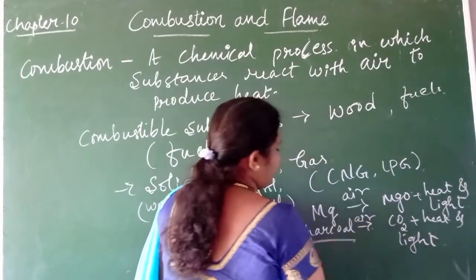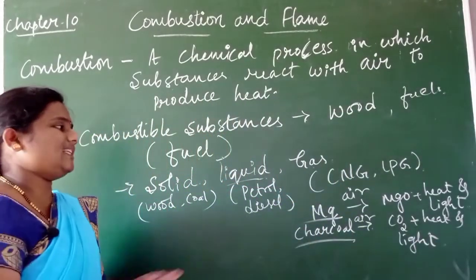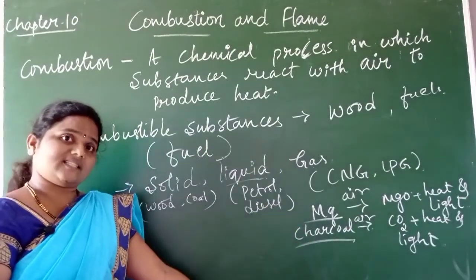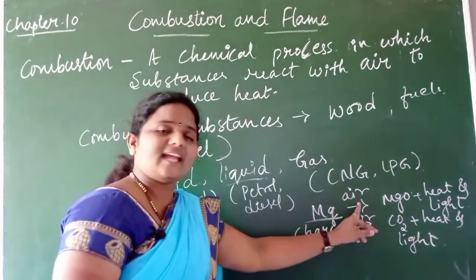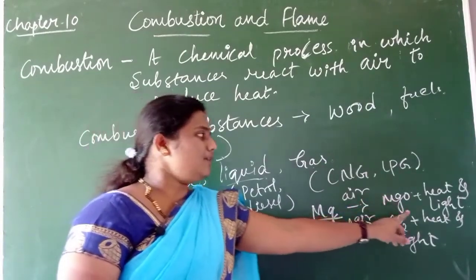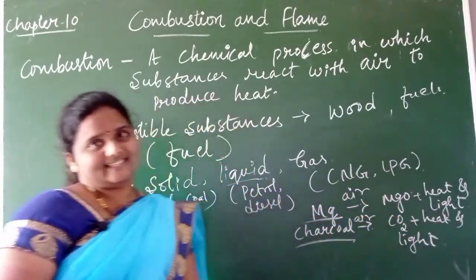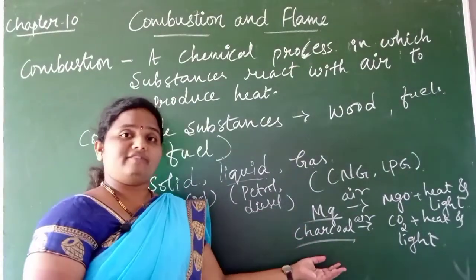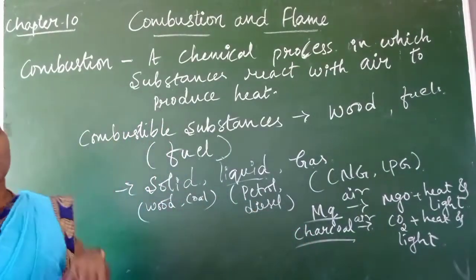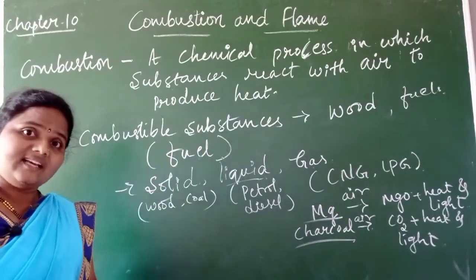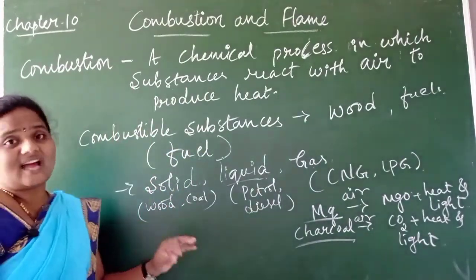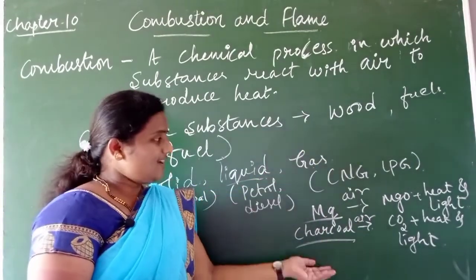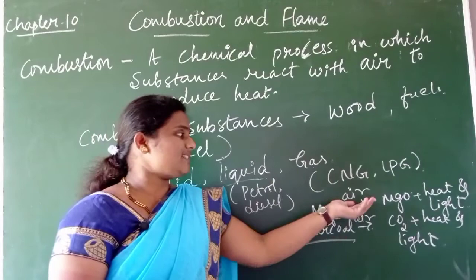When we look at these two examples, we come to know that these combustible substances react with air and produce heat and light. So we can call magnesium and charcoal combustible substances, because the definition says the substance should react with air.